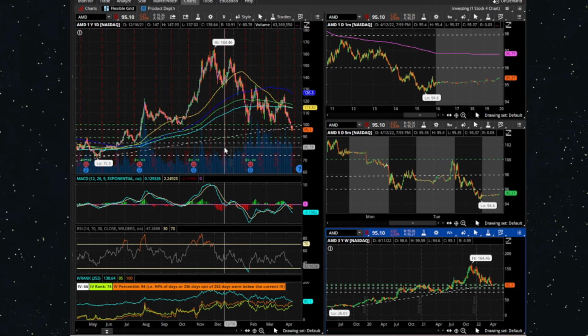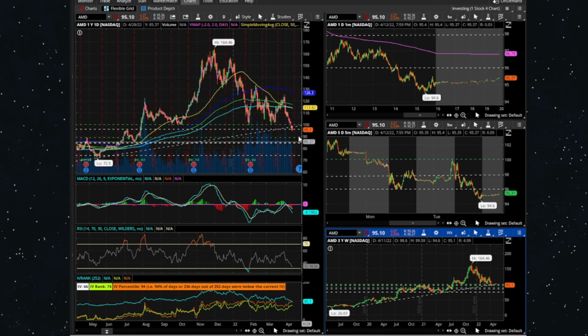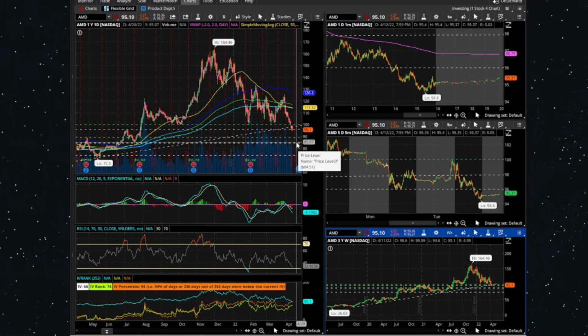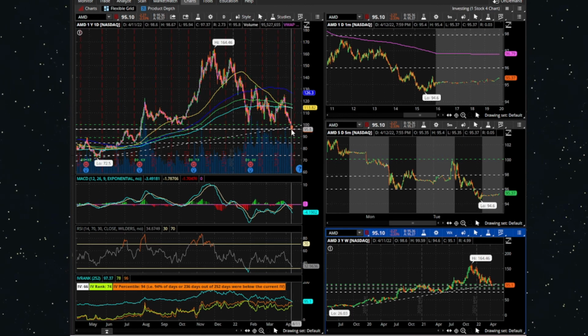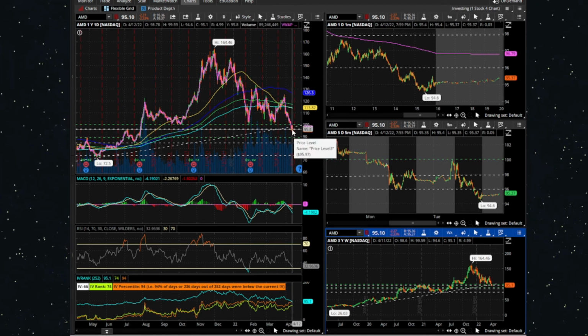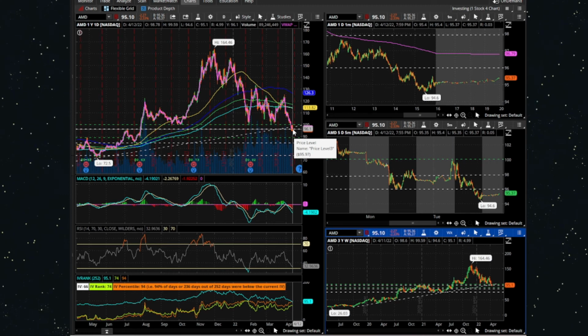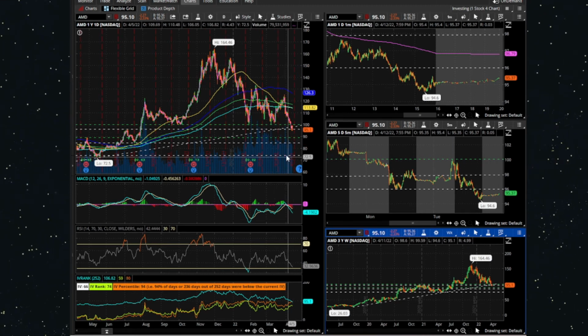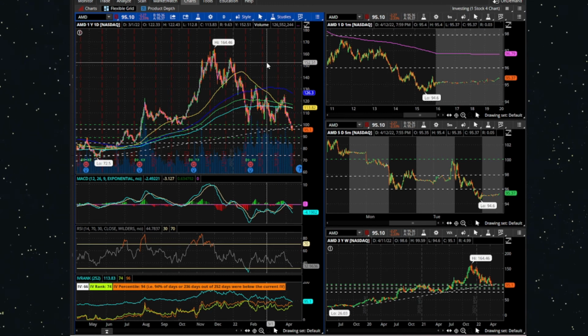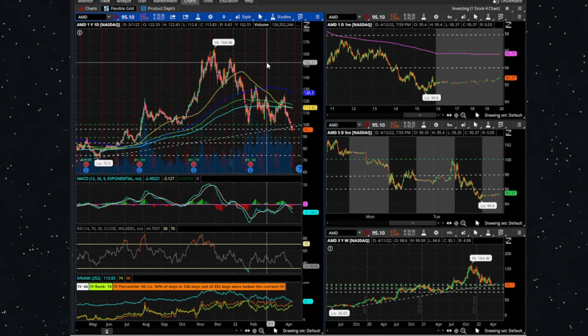I'm hoping that AMD actually starts to indicate that it's oversold at one of these support lines, whether it's here at $90 or here at $85, or if we start to see some choppy action here, but we hold at this $95 support and we get an indication that the stock is oversold on the RSI. We also have this trend line on the weekly, which is corresponding to this line, which is where we're at right now. So for me personally, there are multiple things to like right now with AMD.